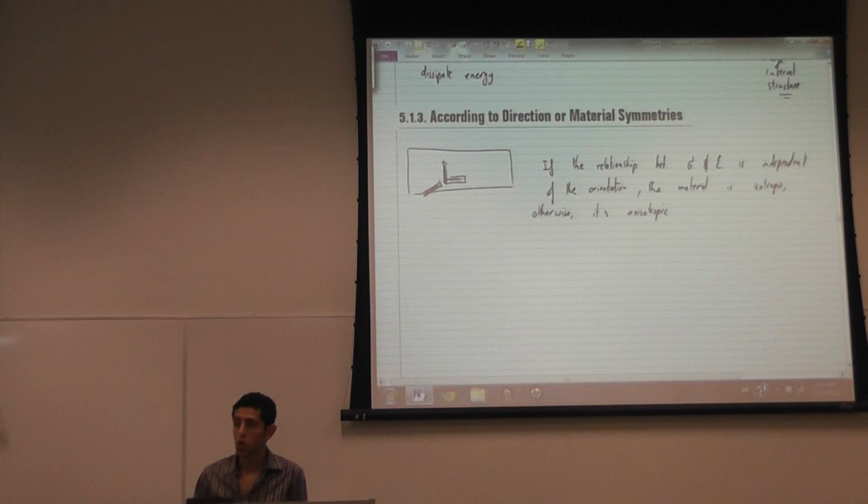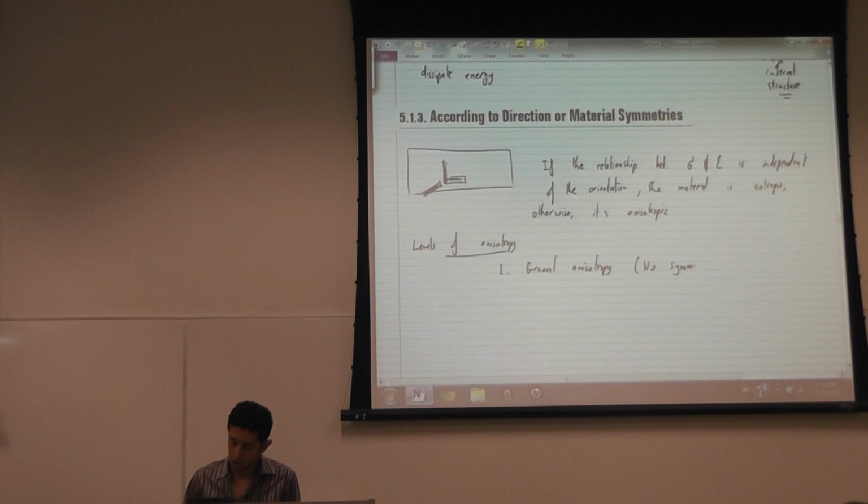There are different levels of anisotropy. General anisotropy: no symmetries. And I'll explain what a symmetry is.